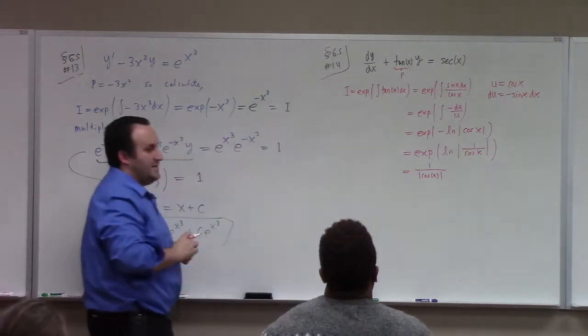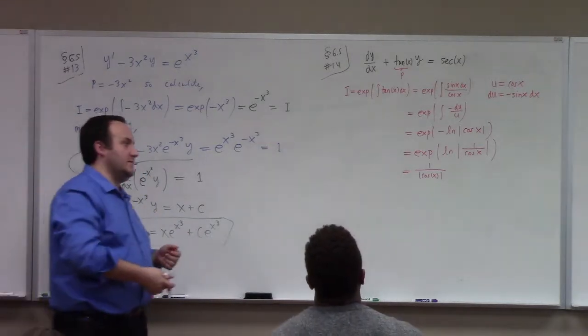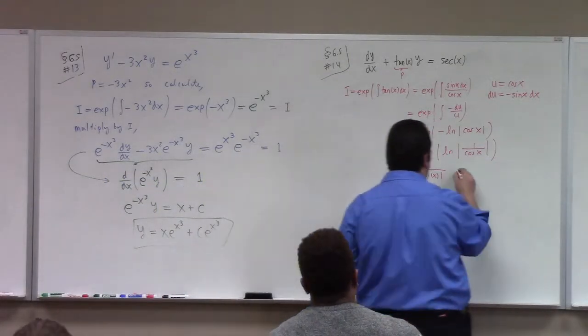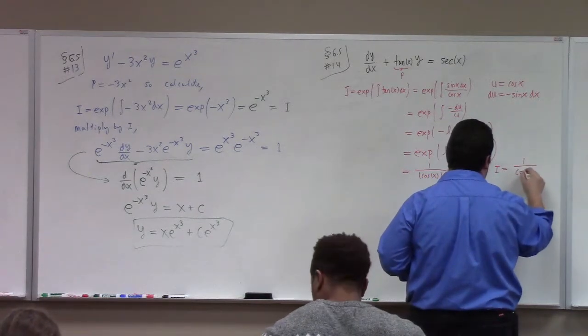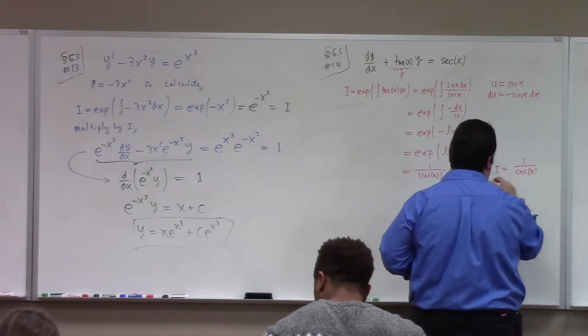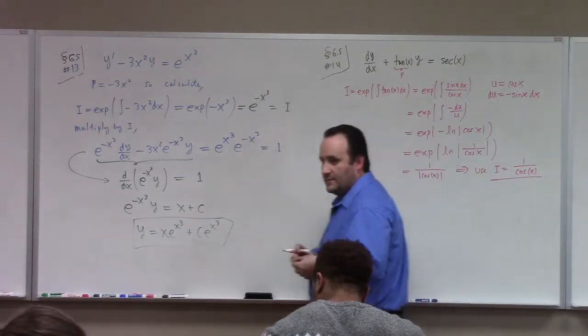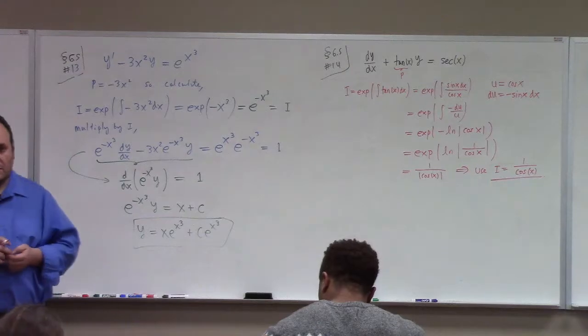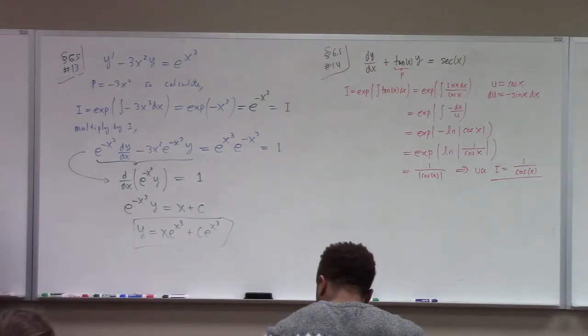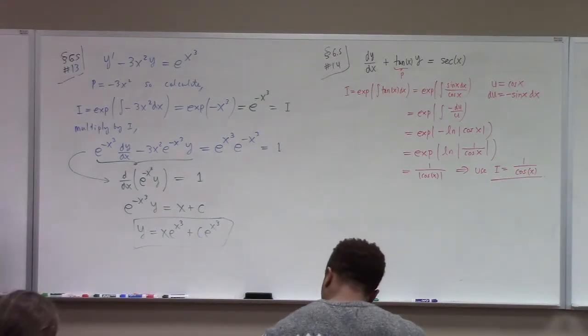And as I've mentioned, the plus or minus doesn't really concern us, so we can use I equals 1 over cosine x, and that'll work just fine. Because again, plus or minus is just plus or minus the function, so multiply by the function, multiply by minus the function, either way you're creating the same differential equation.